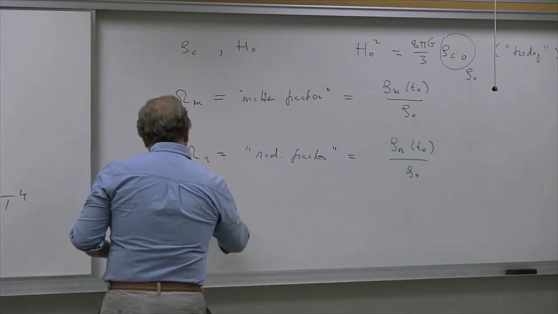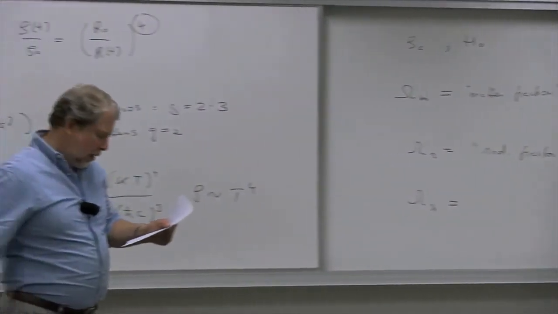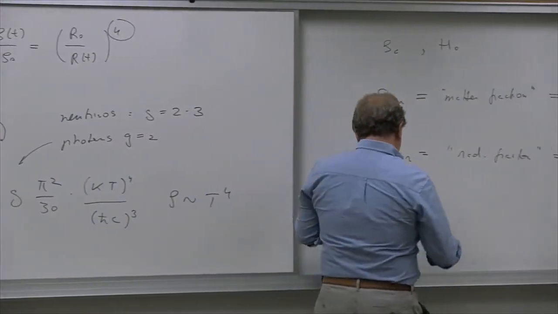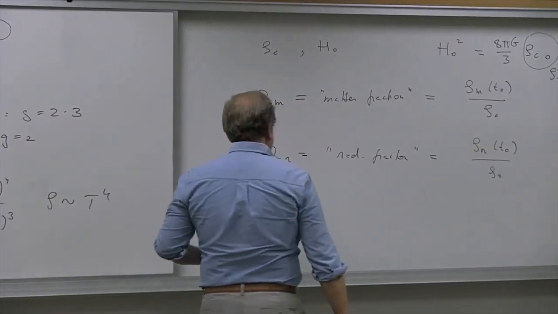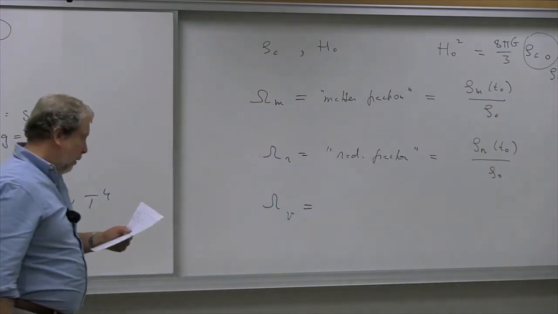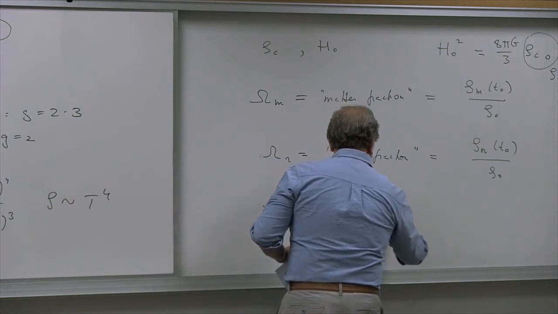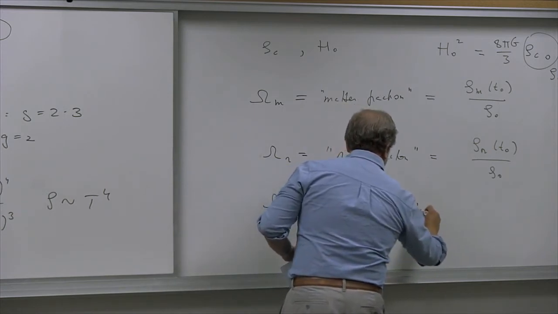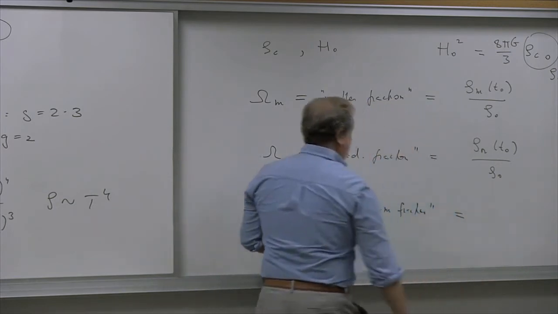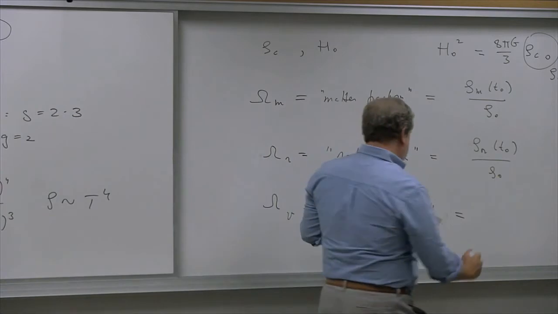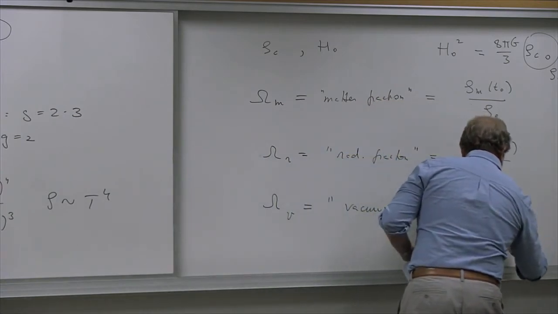Okay. And finally, the cosmological constant can be forced to have the same form. We're going to write omega lambda as omega v, v for vacuum, the vacuum fraction. So that is rho lambda or rho v today divided by rho naught.